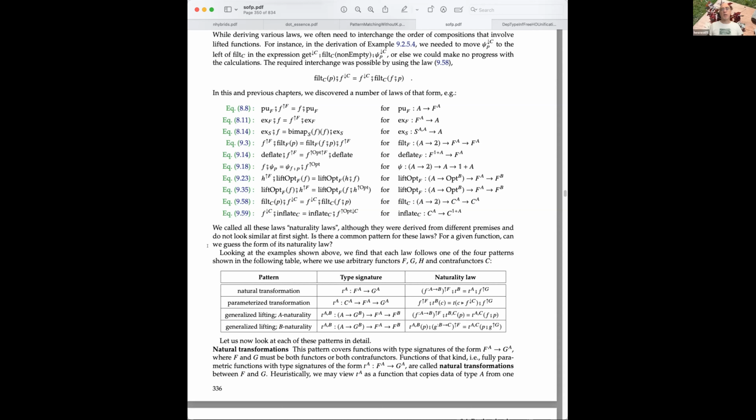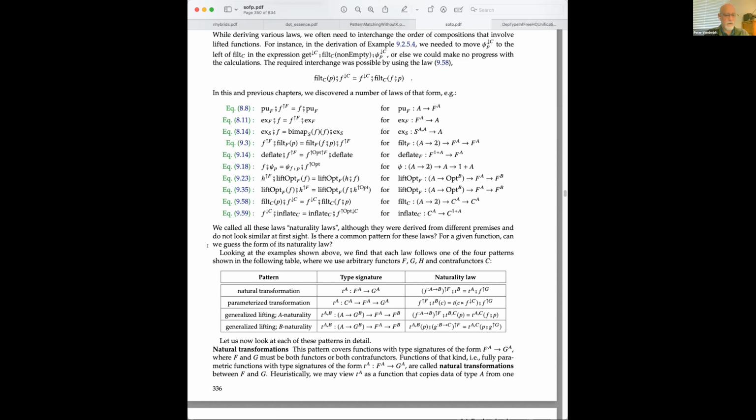So little f up arrow big F would conventionally be written big F parentheses little f. In category theory, that's very common. As opposed to without the up arrow, which means you apply F as an argument to the small f, in his notation.